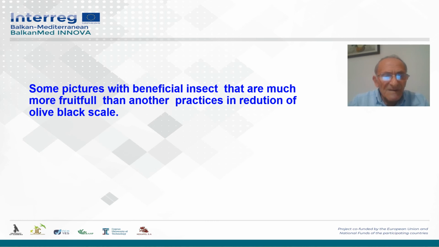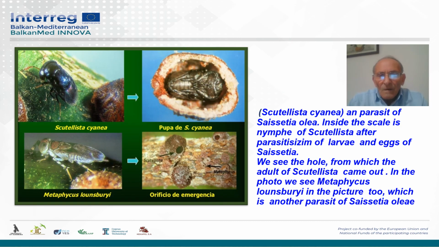Now we will see some pictures with beneficial insects that are much more fruitful than other practices in reduction of olive black scale. One of the most effective parasites on the black scale is the parasite Scutellista cyanea, a parasite of Saissetia oleae.